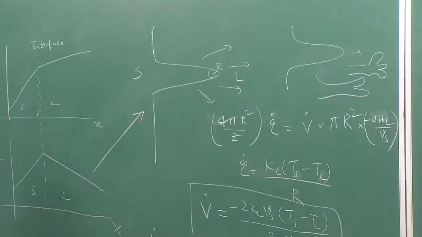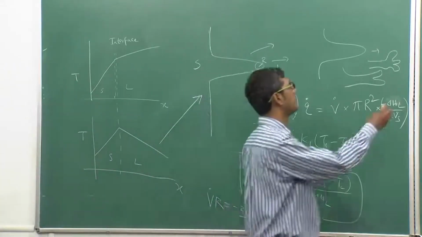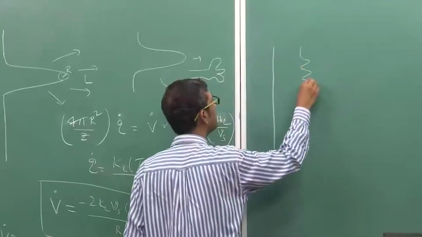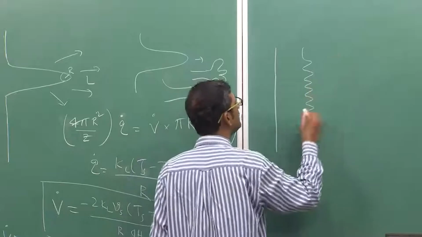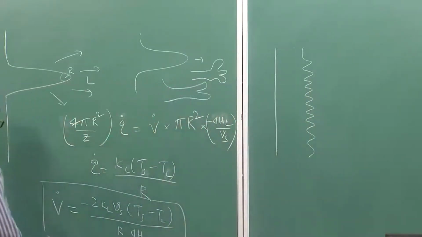So people used the stability conditions for the planar interface. That means under what condition a planar interface will become like that. Okay, and this condition was used to obtain the second equation for growth rate.